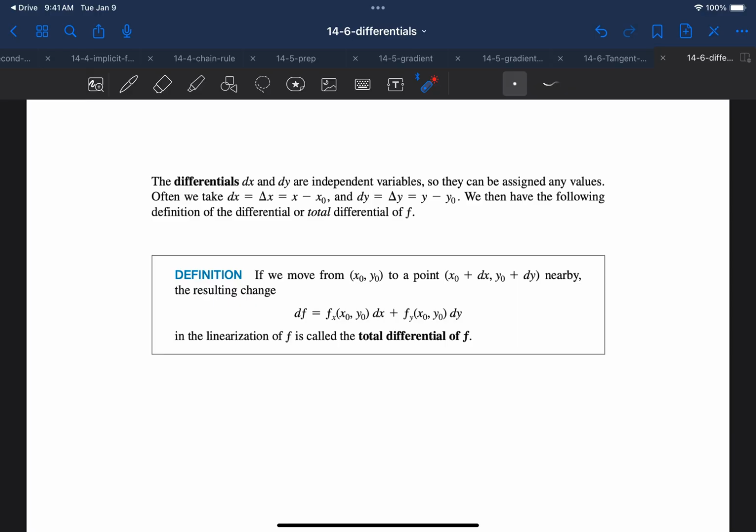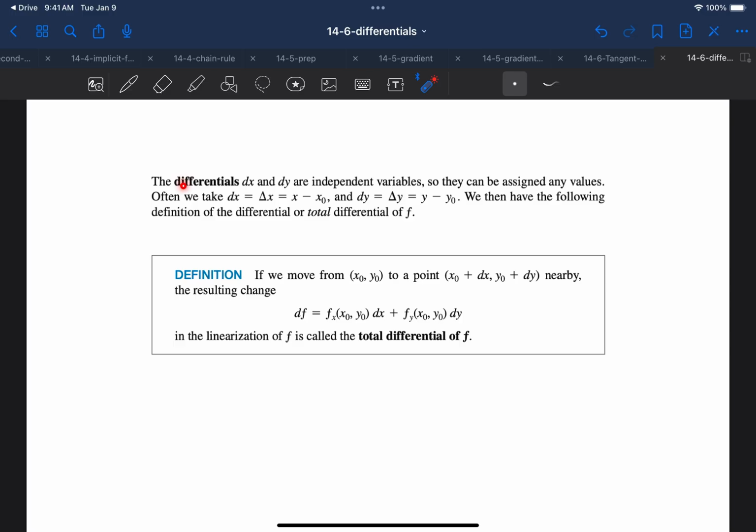And the linearization counts the sum of changes in different directions, in the x direction and the y direction. So we call the difference in f due to dx and dy, the sum of these, the total differential. So formally we write df. This is rigorous math notation, but we're not getting into much detail.